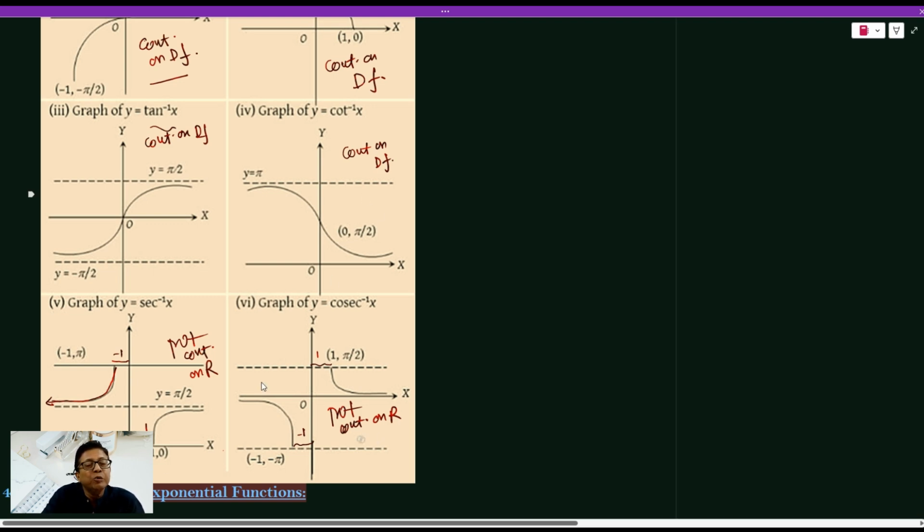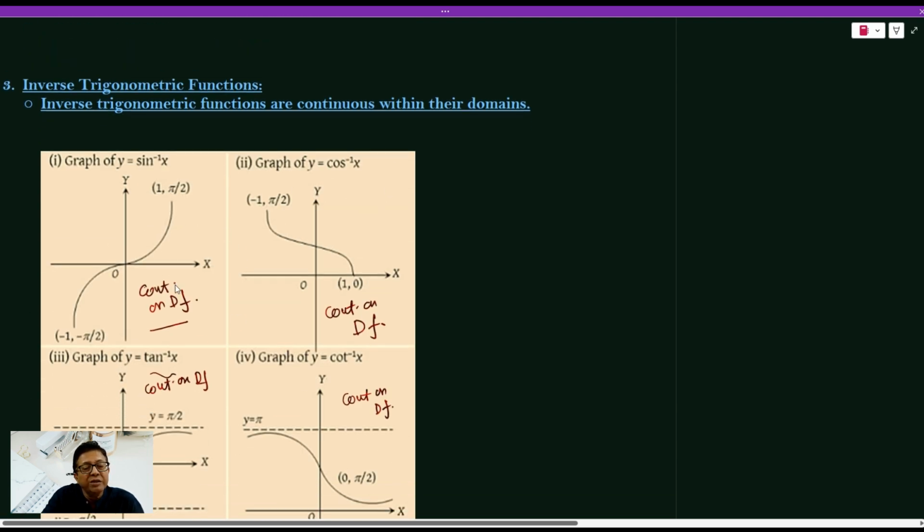This is not continuous on R. This is also not continuous on R. Separately, if you say it is continuous from -infinity to -1, it's okay. From 1 to infinity, it's okay. But it is not continuous between -1 and 1. So these two inverse trigonometric functions are not continuous on R, and these two are continuous on their domain of definition. Keep this in your mind.